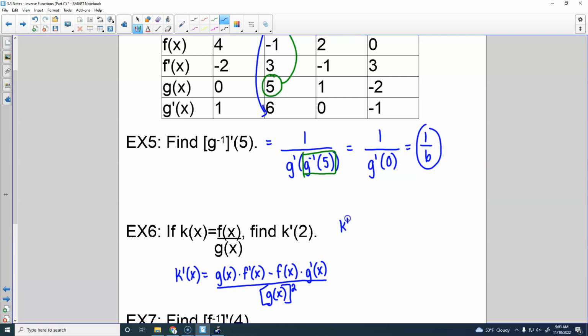So K prime of 2 would be G of 2 times F prime of 2 minus F of 2 times G prime of 2, all over G of 2 squared.